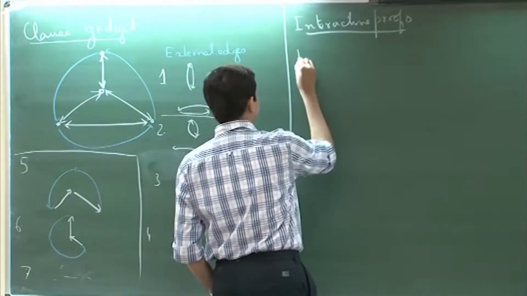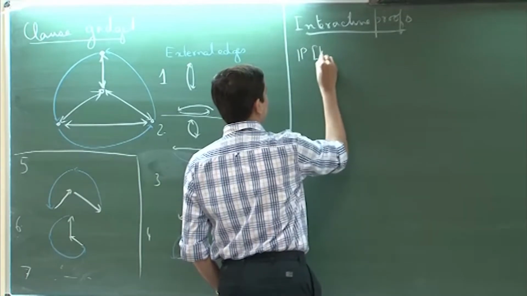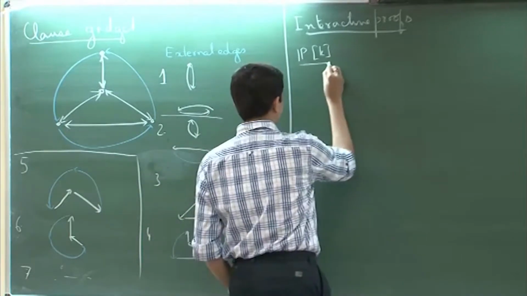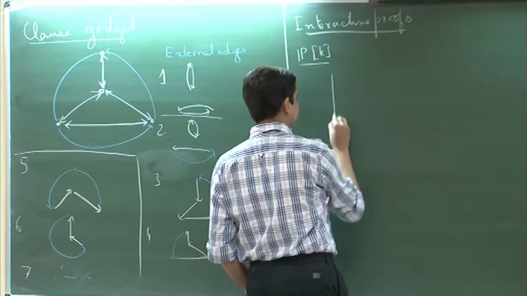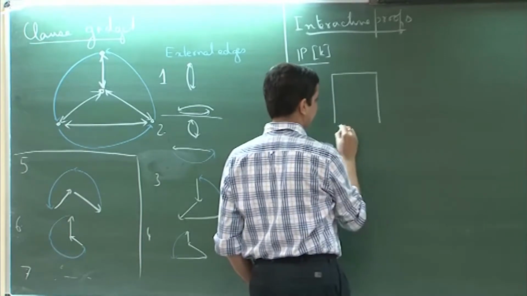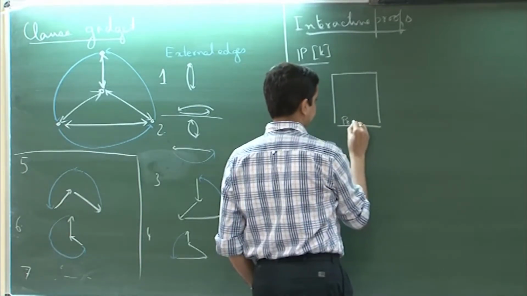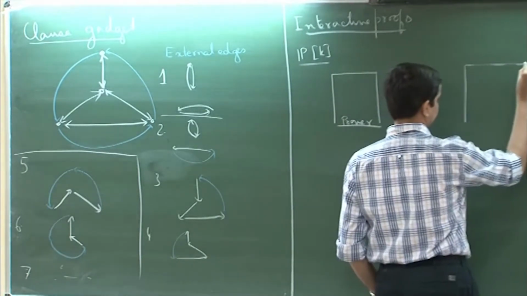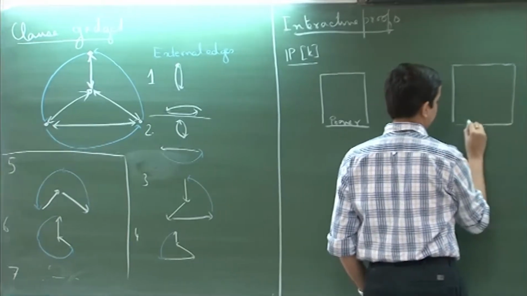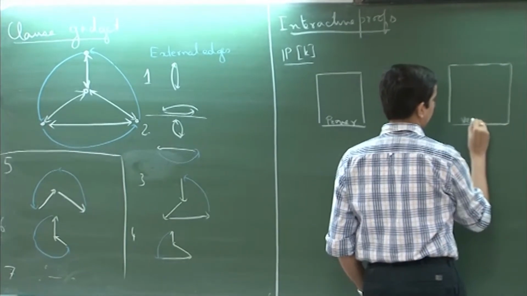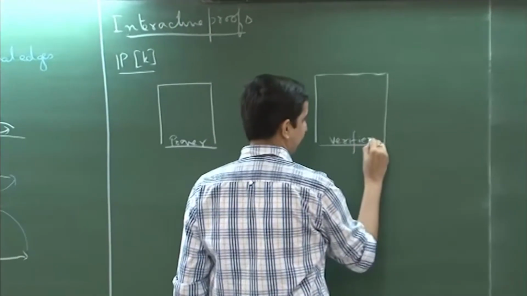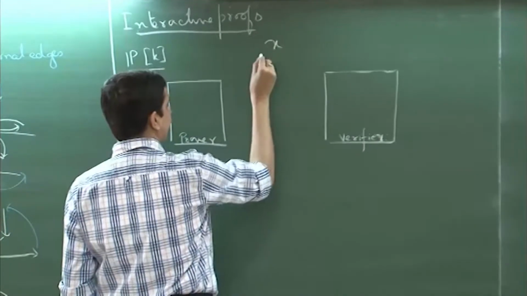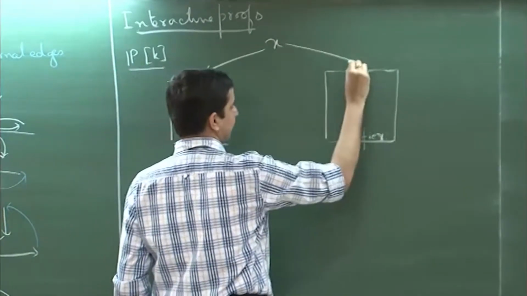So, we saw this class IPK yesterday. Basically the model is, there is some prover, and there is a verifier. Given an input x, both have access to this input.